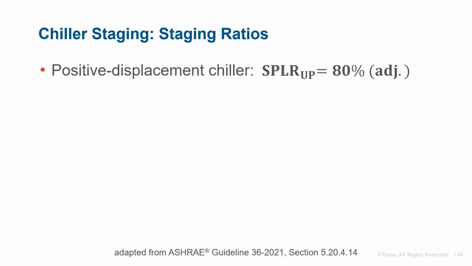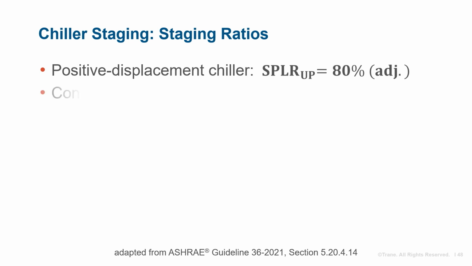Their efficiency is impacted less at fractional lift or load. These chillers should be nearly fully loaded prior to deploying the next stage of chillers. In this case, the default is 80% loaded, but is adjustable for applications where chilled water temperature disruptions are less tolerable.